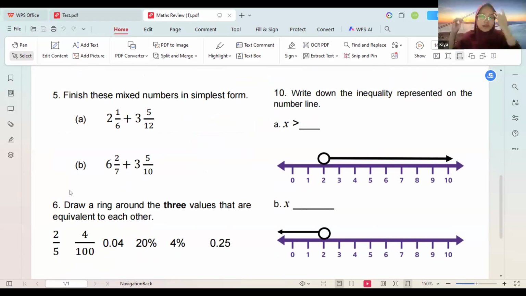Or you just say it and then I will write how you solve it. Okay, what is the result of point A?